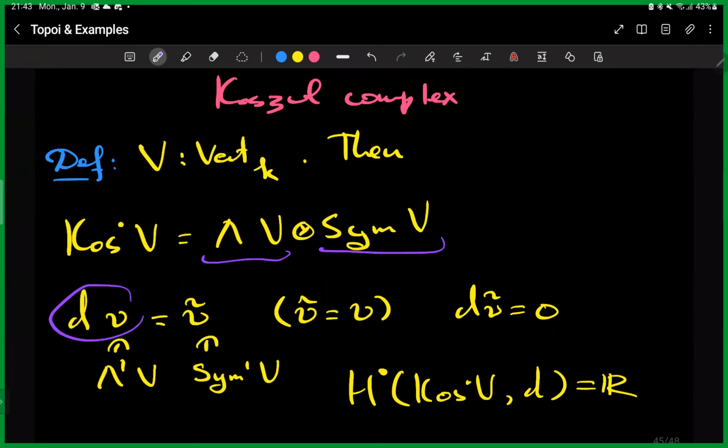We take dv, for v which belongs to the first exterior power of V, which can be canonically identified with V, into v tilde, which is equal to v if we identify the first symmetric power of V with V. So we have this differential, and on elements of the first symmetric power, the differential is zero. And this complex is almost acyclic, meaning that it only has a one-dimensional vector space as its cohomology in degree zero.